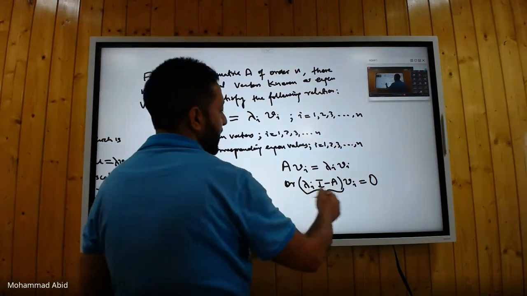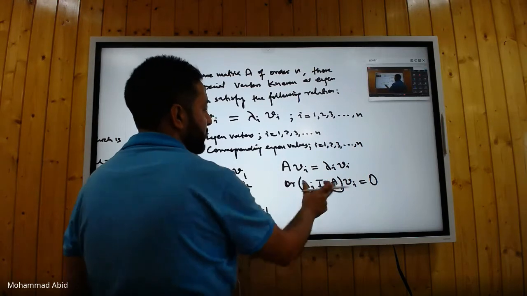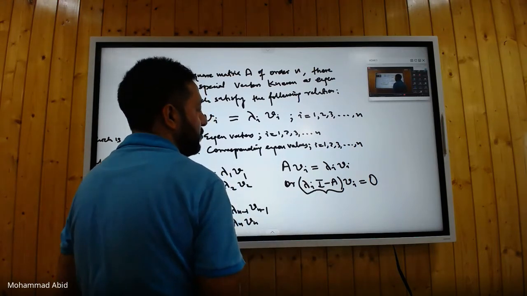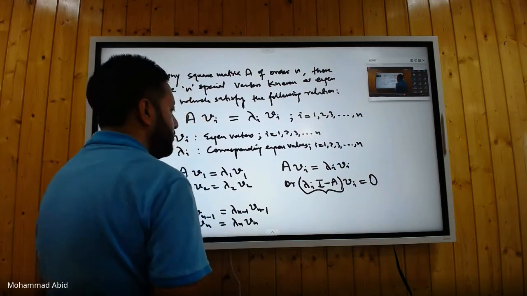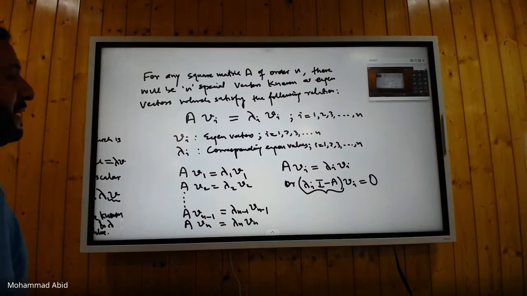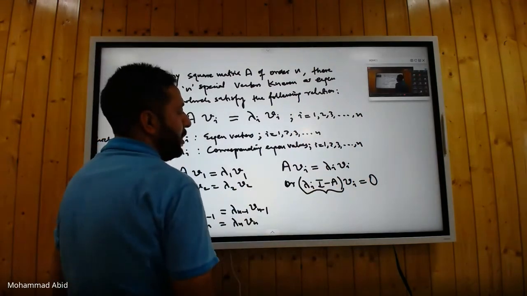So this basically is the expression which actually shows the relationship between the eigenvalues and the corresponding eigenvectors. Is that clear? Mind it, this is a vector. These are eigenvectors. So these are n components.